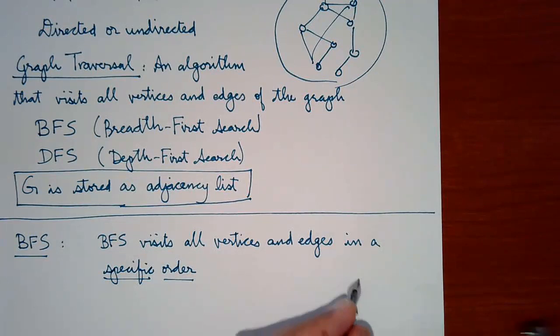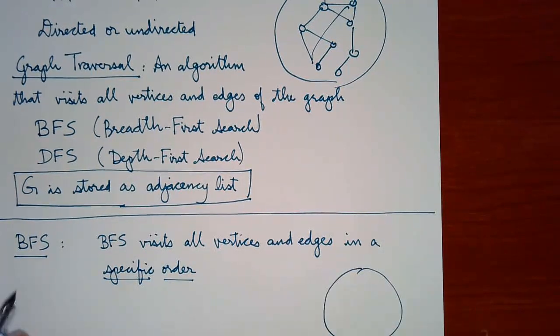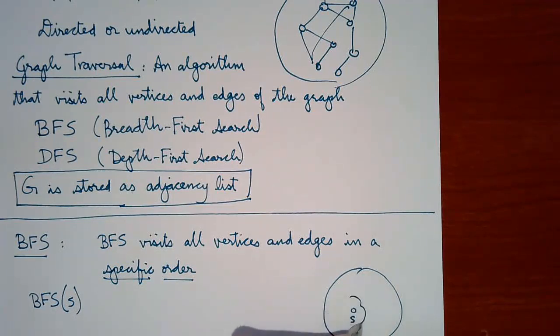So often the way that BFS works is BFS starts from a source vertex. So S is some source vertex. I'll show you how BFS works on the whole graph, but it starts from a source vertex. And it's going to start looking at all of its neighbors, and then the neighbors of those, and so on and so forth.